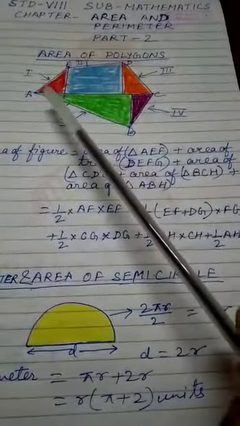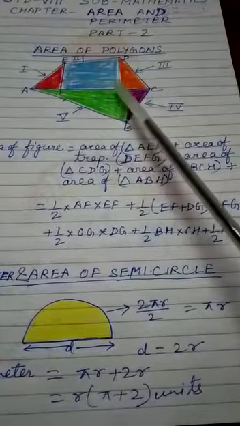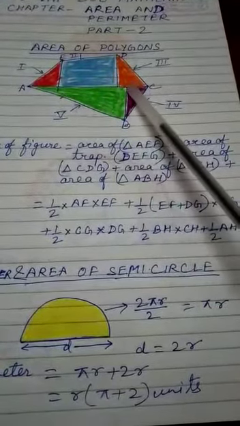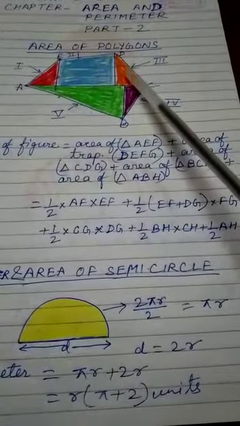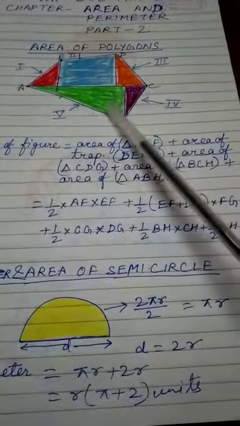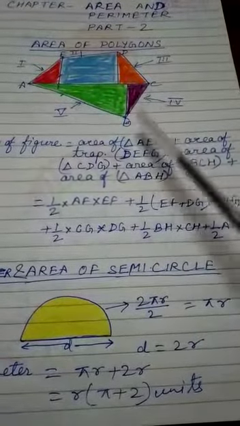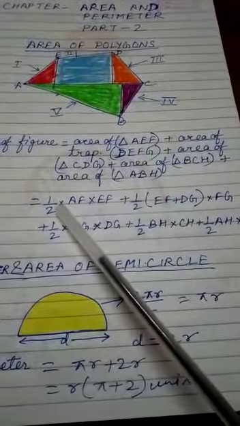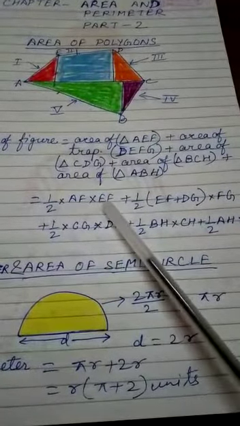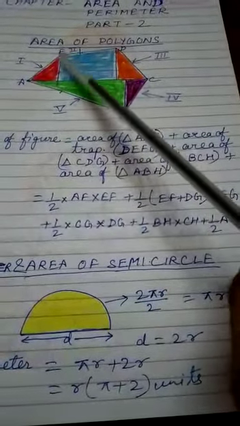So first is area of triangle AEF. We have given names F, G and H. Then the area of trapezium, then area of triangle, then area of triangle again, then area of triangle ABH. Area of triangle AEF is equal to half into base into height. This is the base of the triangle, and this will be the height of the triangle.